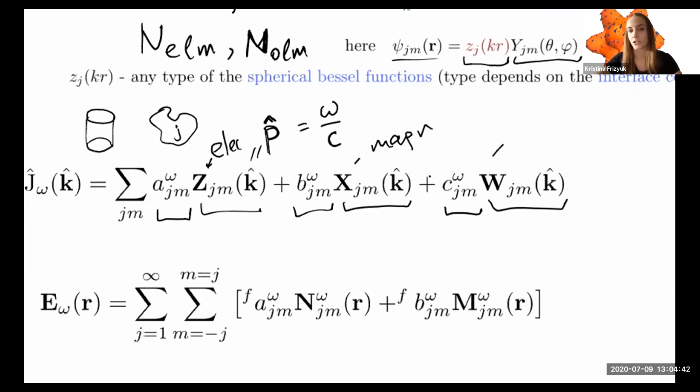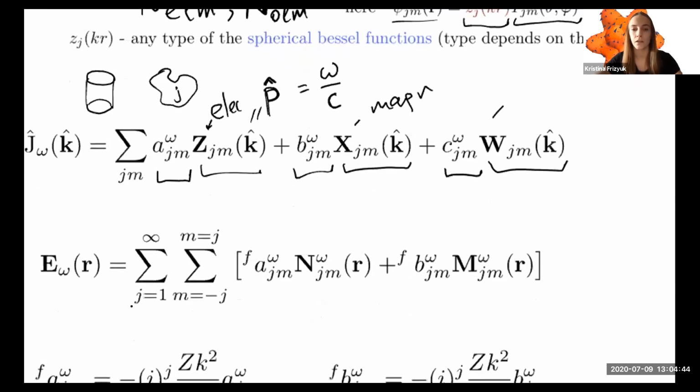If you have such a decomposition of a current, you can prove that the far field produced by such a current, outside some spherical shell around your current, will be written by this formula. Only electric and magnetic harmonics are here because the longitudinal ones do not make any contribution, so we are not interested in them now.